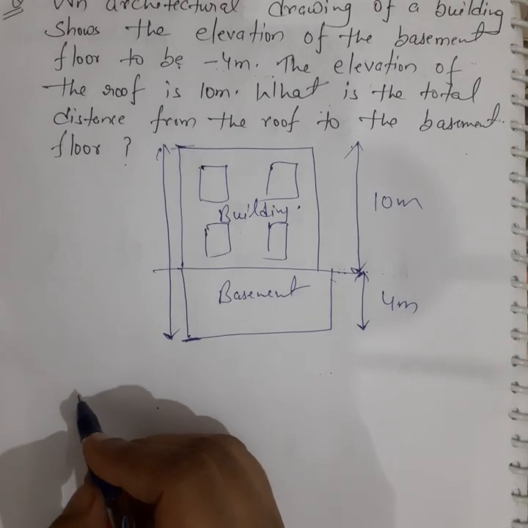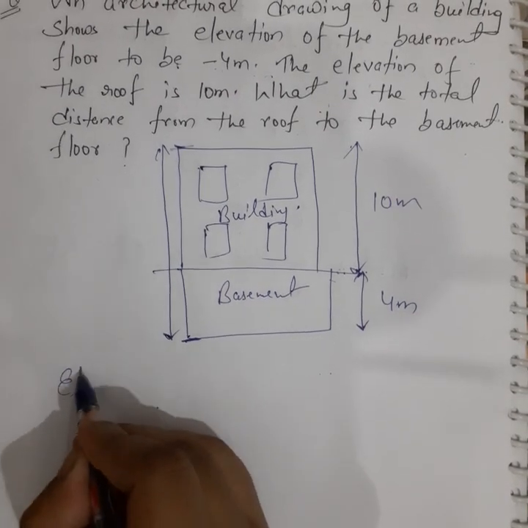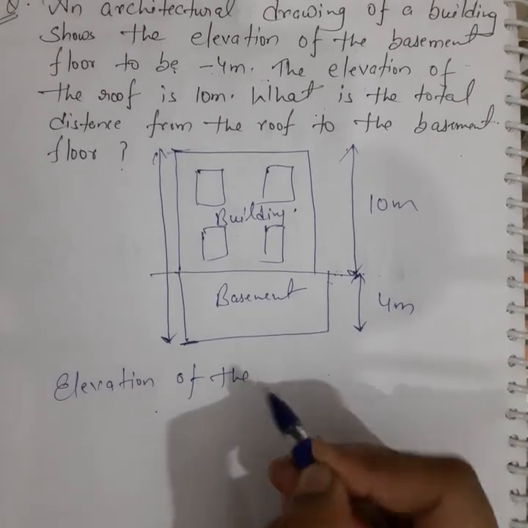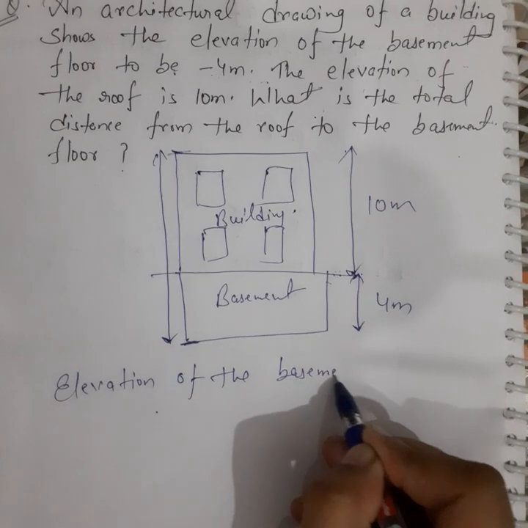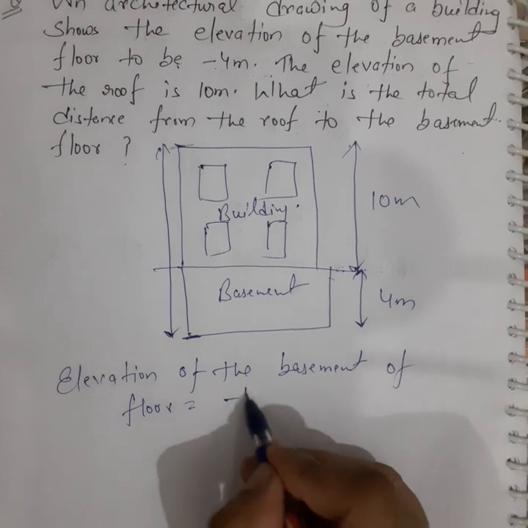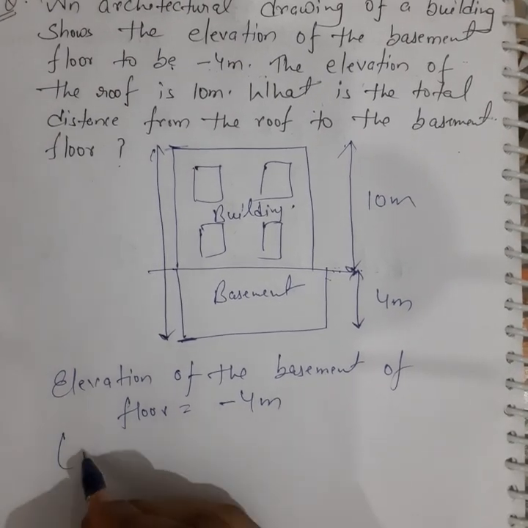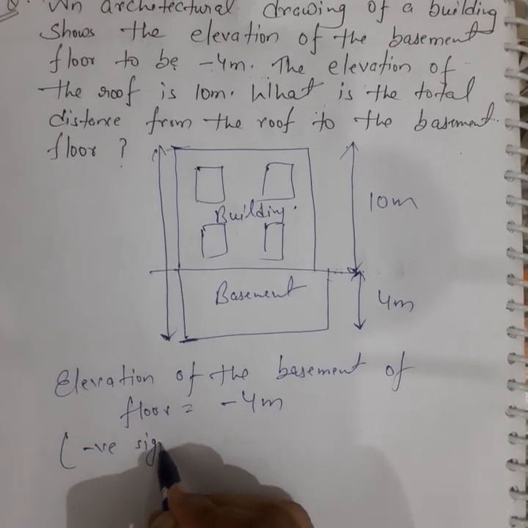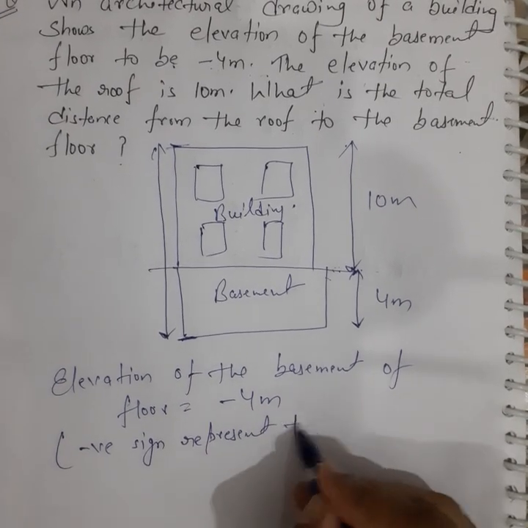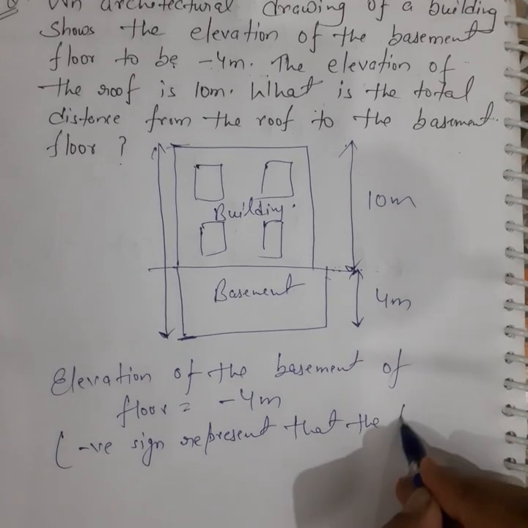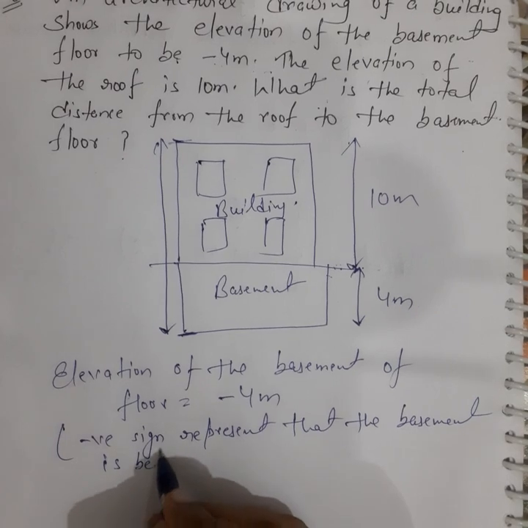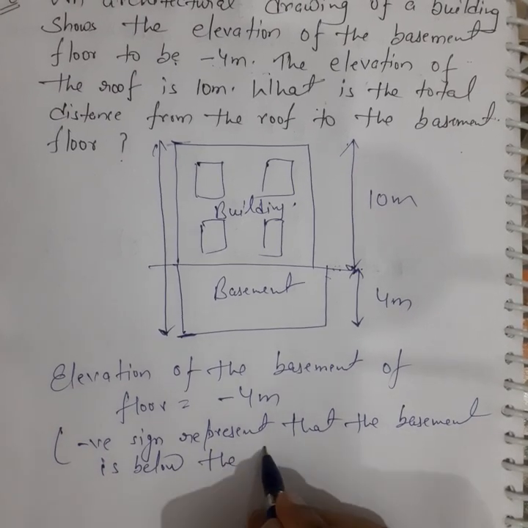So first you write: elevation of the basement floor is equal to minus 4 meter. Negative sign represents that the basement is below the ground level.